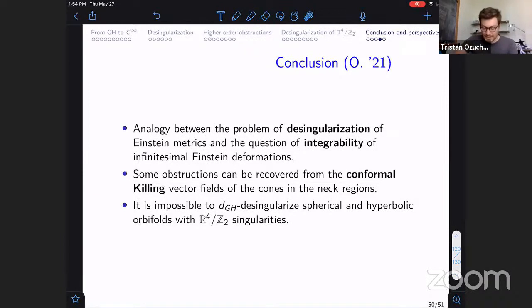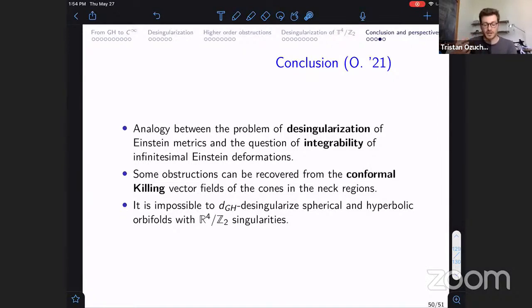And some of these obstructions, and that's what makes it possible for me to answer the last question, come from conformal Killing vector fields or extension of conformal Killing vector fields. That was present in the talk of Hayo on Tuesday, and also in the talk of Nicolas Capouleas this morning.